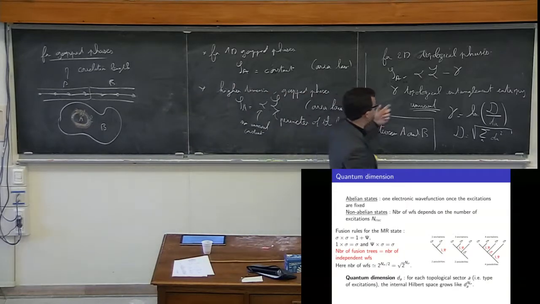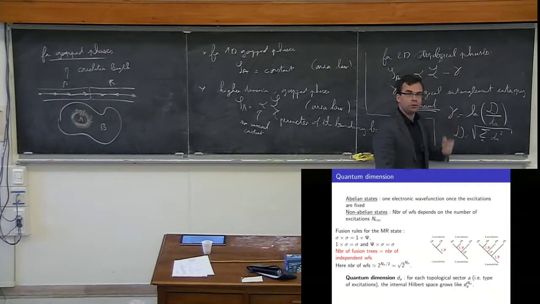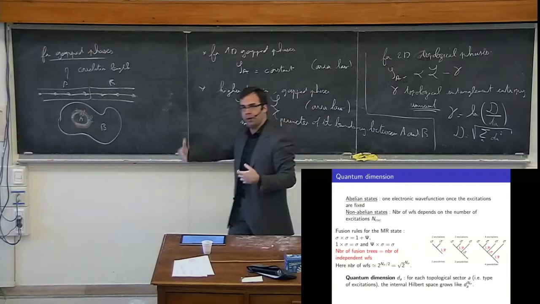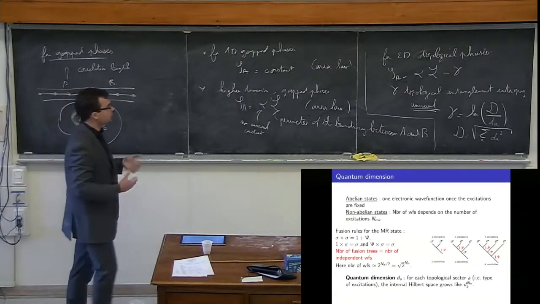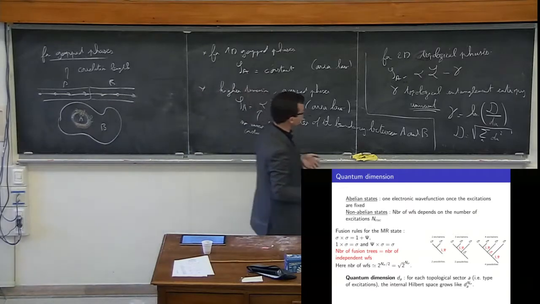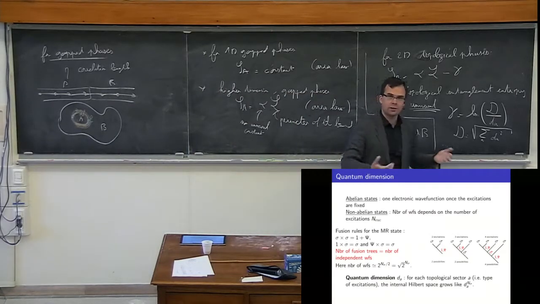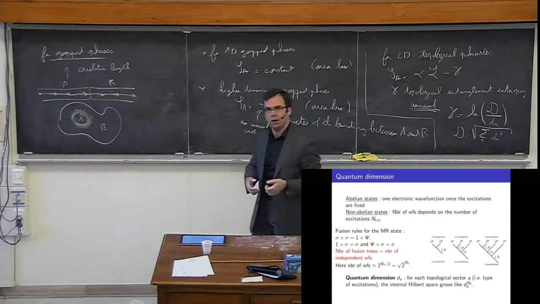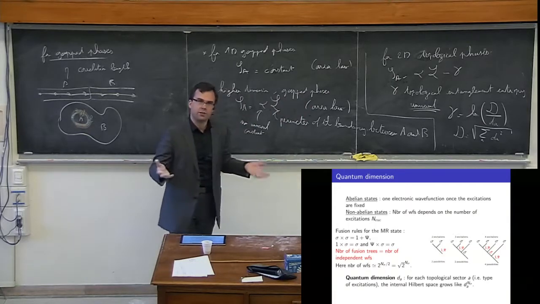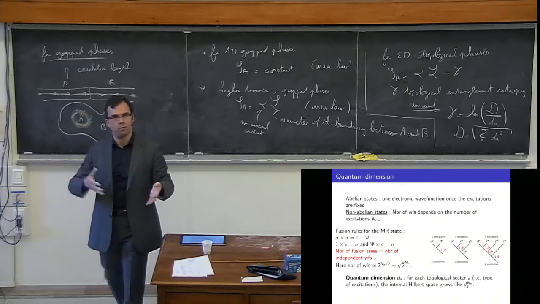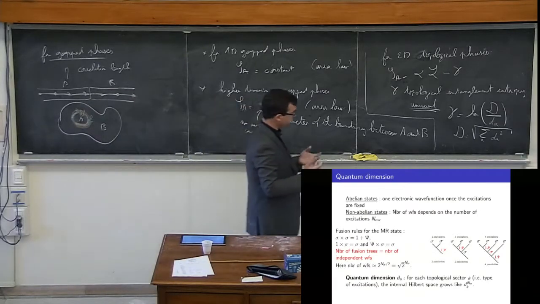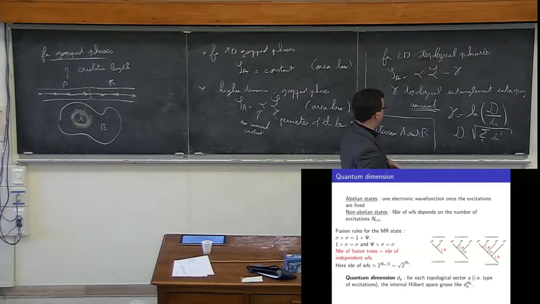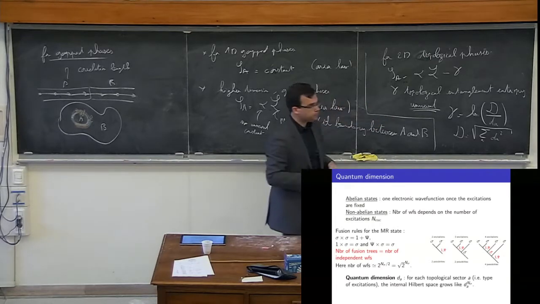And second, if you can extract the topological term here, you can compare with what you get from your model state. If you get log of square root of 8, well, this can be the Moore-Read state. Of course, sometimes you can have states which have the same topological entanglement entropy, but at least it's a good indication of the phase that you're looking at.